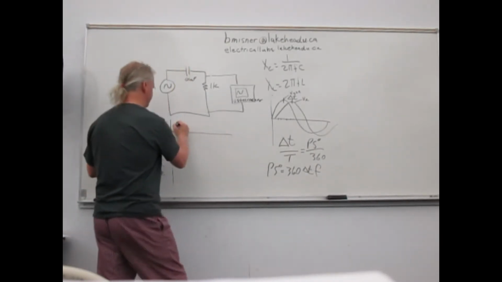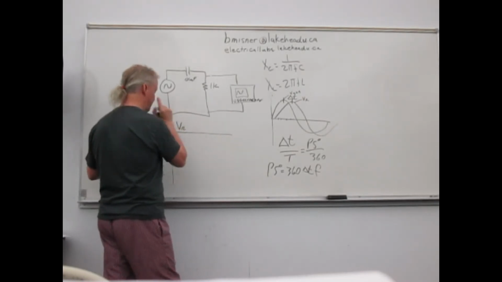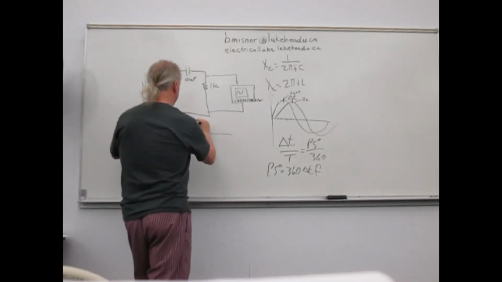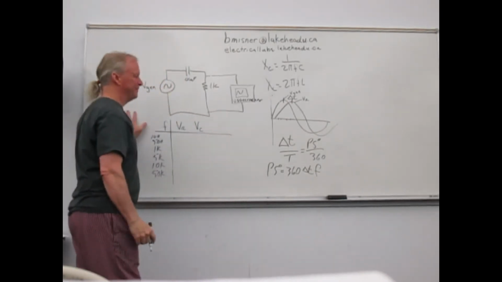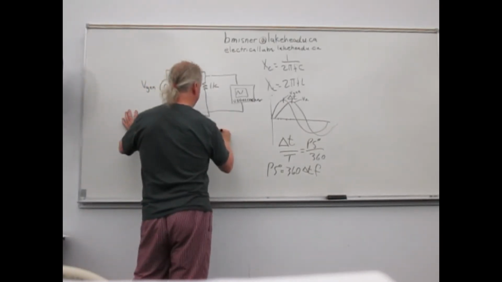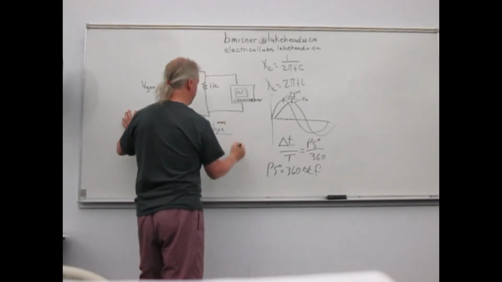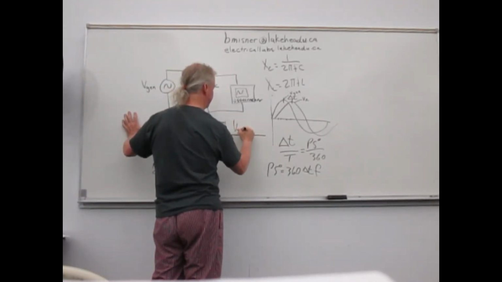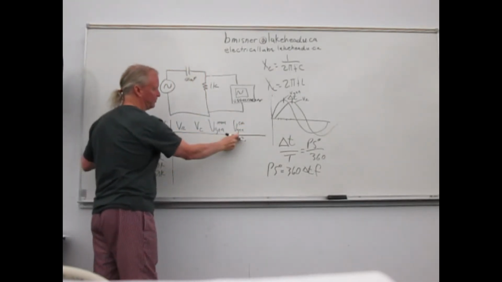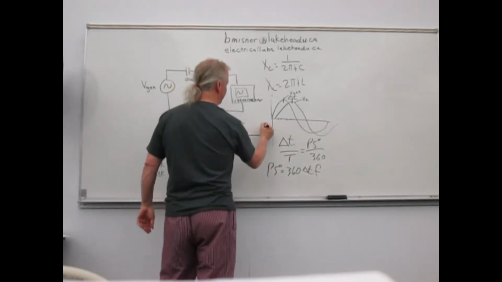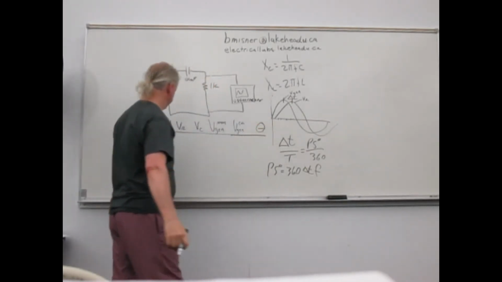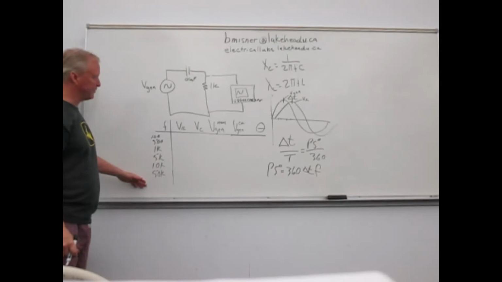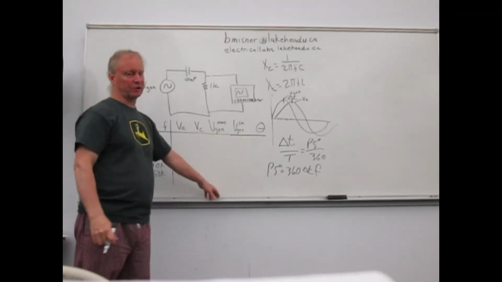And across here, we're going to measure VR, VC, VGen, and this is the measured. And then you'll have one VGen calculated, right, so these two squared equals this. And then we're going to have theta. Okay, so we're going to go through these different frequencies and measure these different quantities.